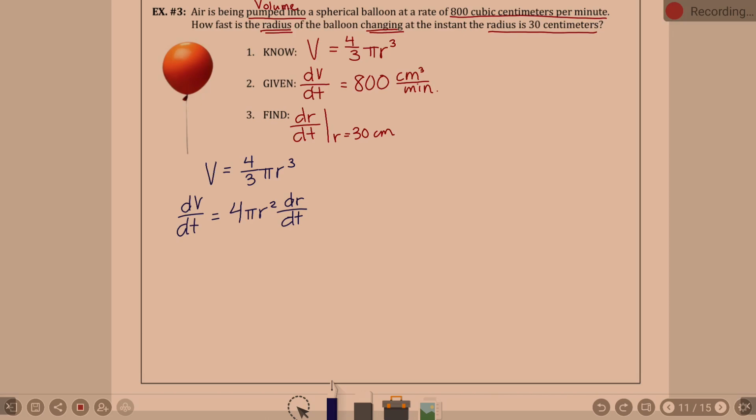Now in my notes I worked this with labels. Okay, dV dt was 800 equals 4 times pi times r squared times dr dt.